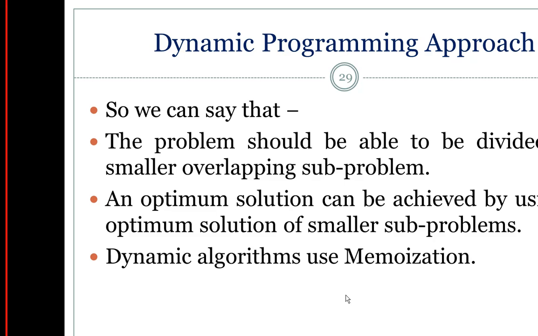The problem should be able to be divided into smaller overlapping subproblems. An optimum solution can be achieved by using optimum solutions of smaller subproblems, and dynamic programming uses memoization.